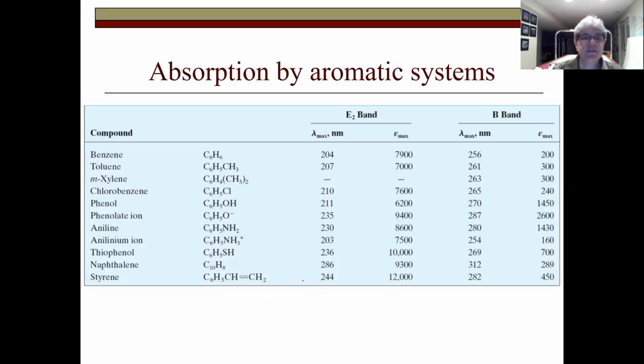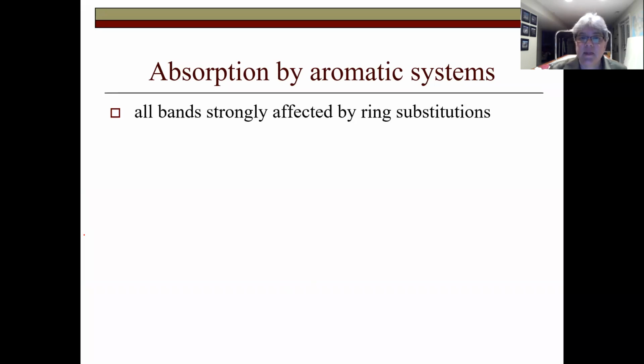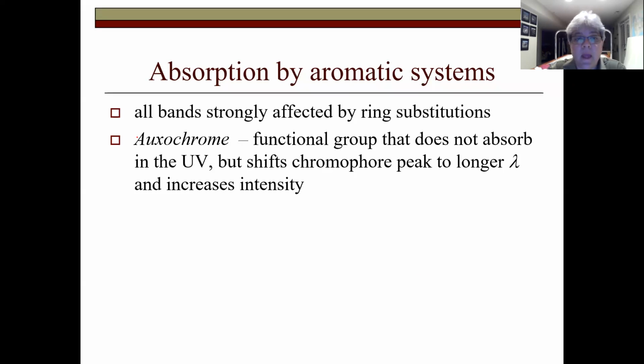Okay, so here's a table showing benzene with its E2 band and its B band. And then notice they have a bunch of other compounds. All of these are benzene rings with other things on them. So what we're going to see is that putting substitutions on the ring, putting anything on the ring, strongly affects those bands, all 3 bands.